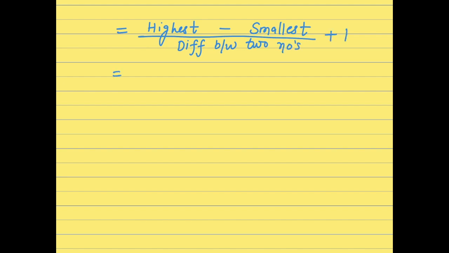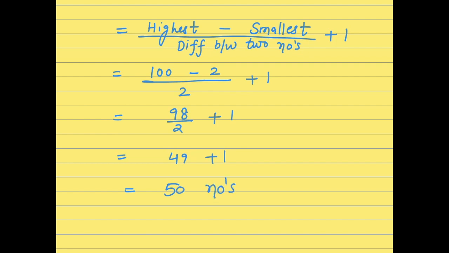So in our sequence, the highest number was 100, smallest was 2, difference was 2, and then add 1. So it will be 98 divided by 2 plus 1. So it will be 49 plus 1. So there are 50 numbers in the first sequence.